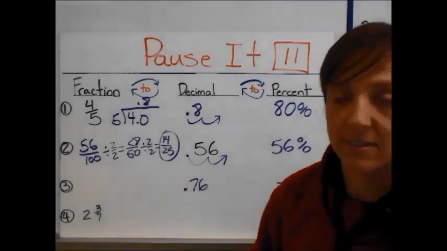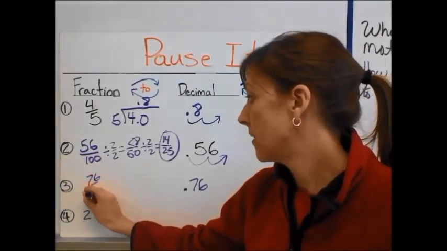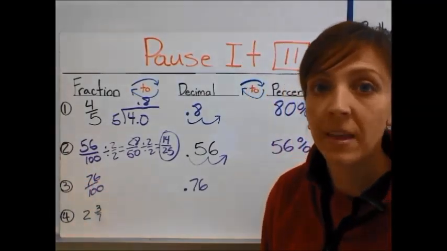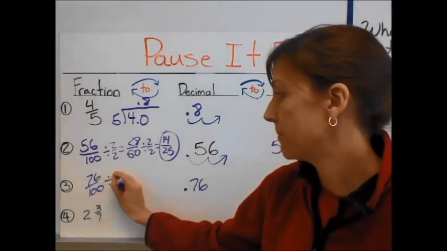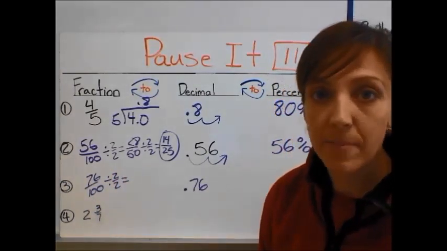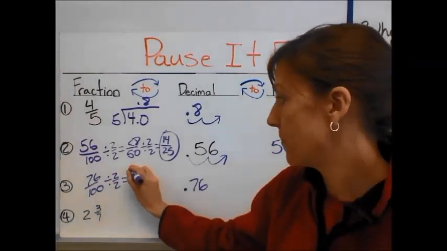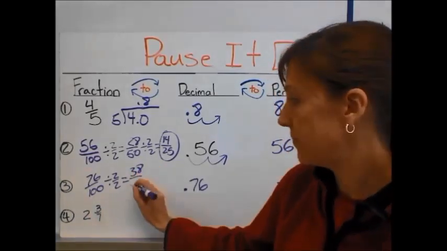I have 76/100. 76/100 can be written like this. And that is divisible by 2/2. 76 divided by 2 is 38. 100 divided by 2 is 50.